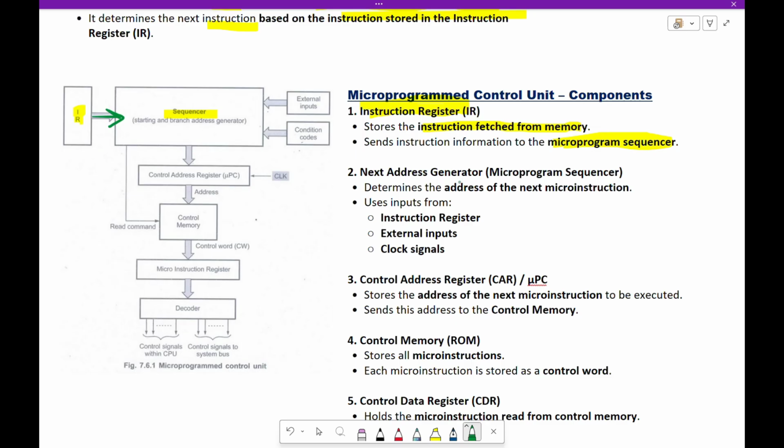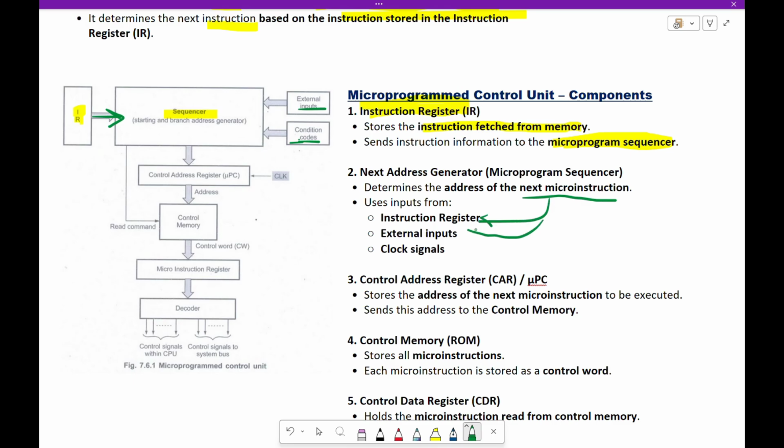The microprogram sequencer determines the address of the next microinstruction. It uses the instruction register and external inputs for the generation of the next microinstruction.